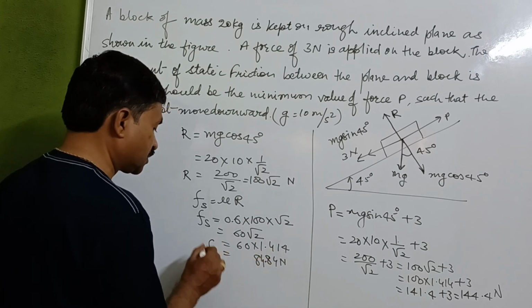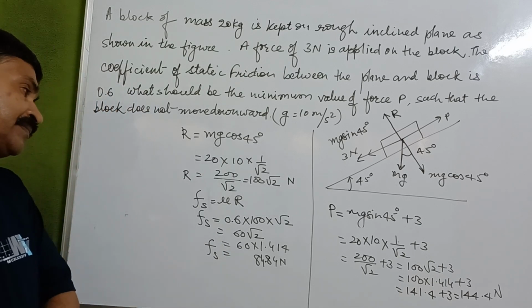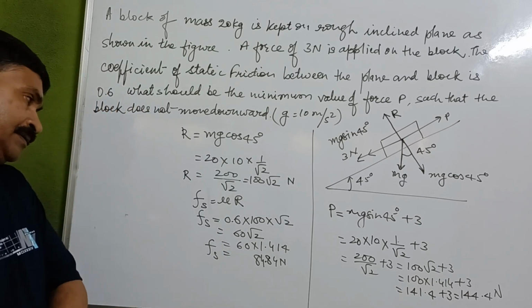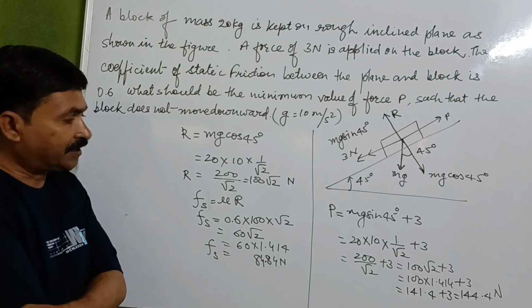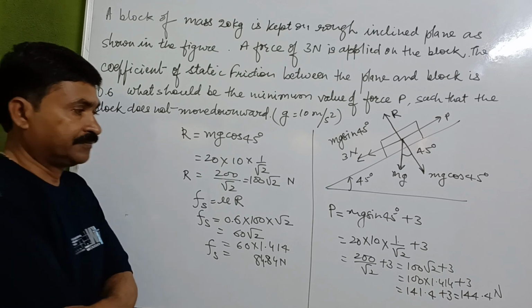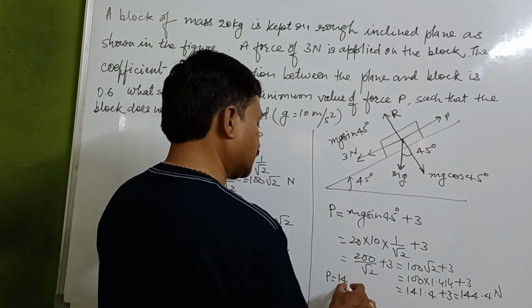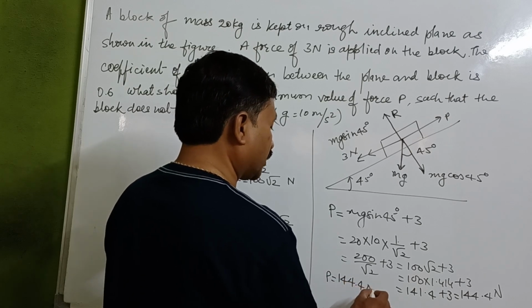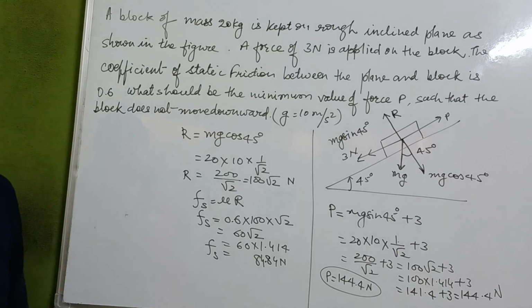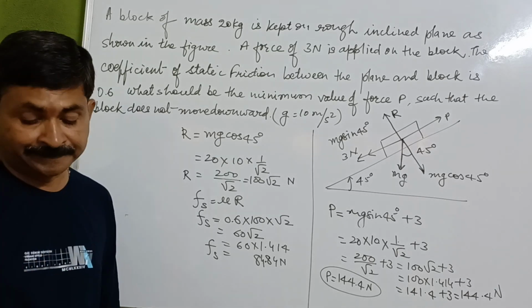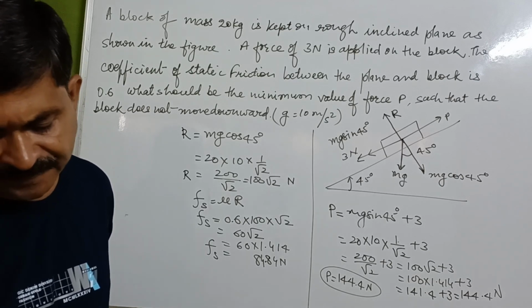The force of friction which comes into play is 84.84 Newton, and the force P which we got is 144.4 Newton.